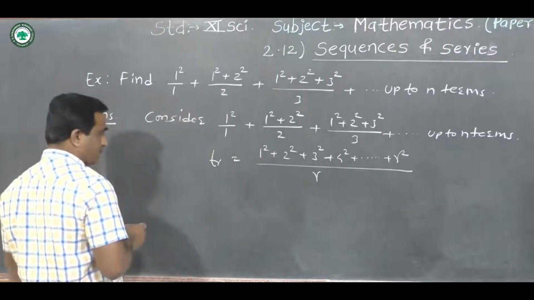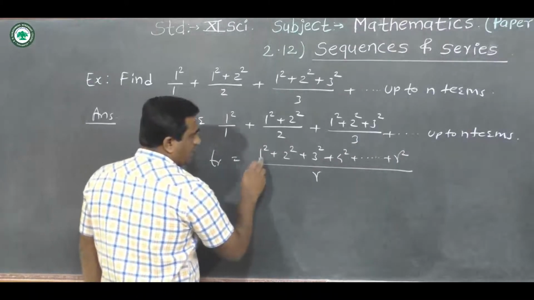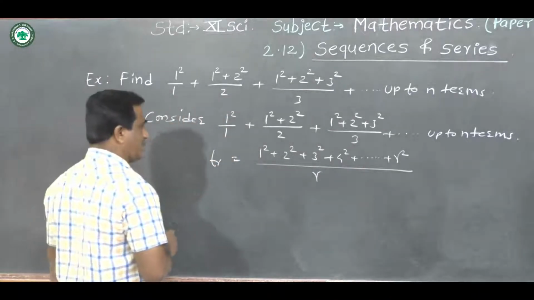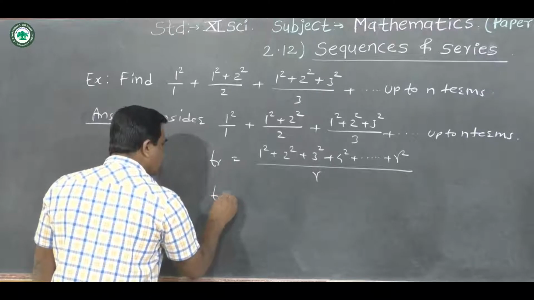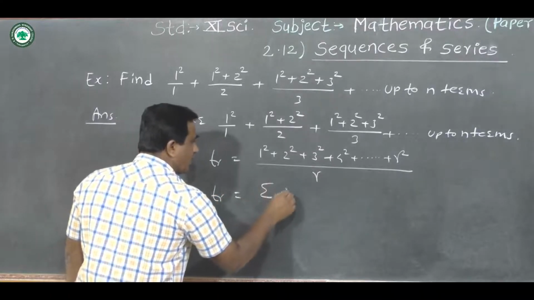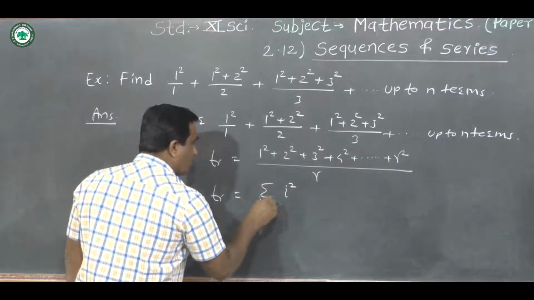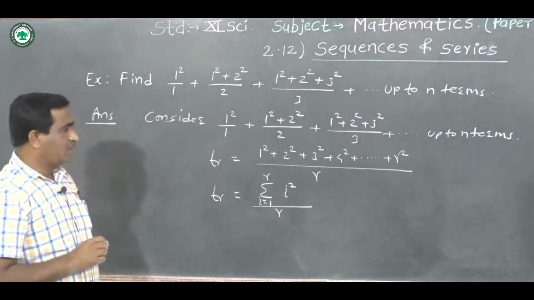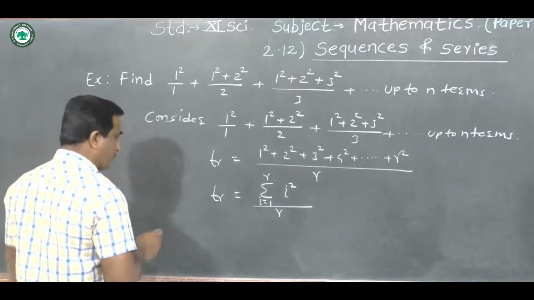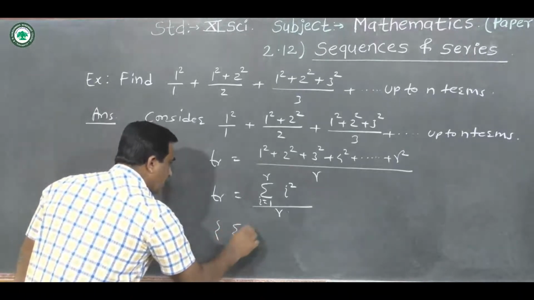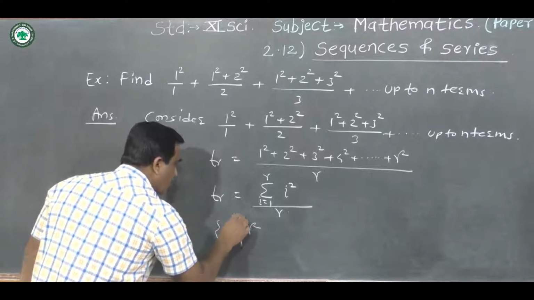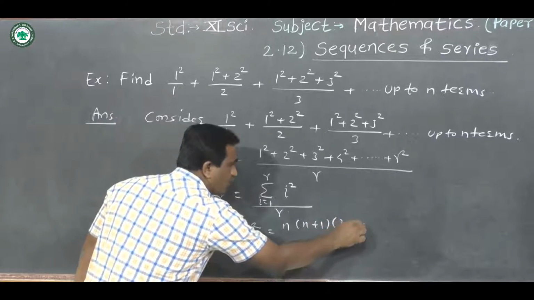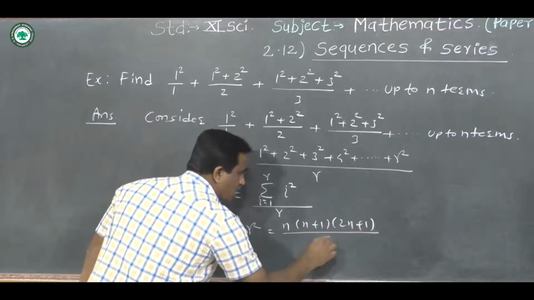Now we can write this. This is the sum of the squares of the first r terms. We can write this in summation form like this: T_r is equal to summation i square, i goes from 1 to r, upon r. But we know the formula, summation r square, r goes from 1 to n, is equal to n into n plus 1 into 2n plus 1 upon 6.